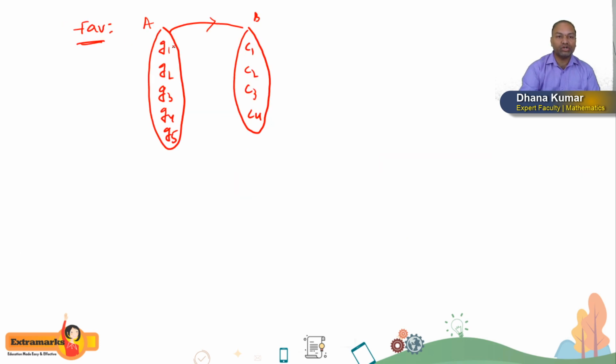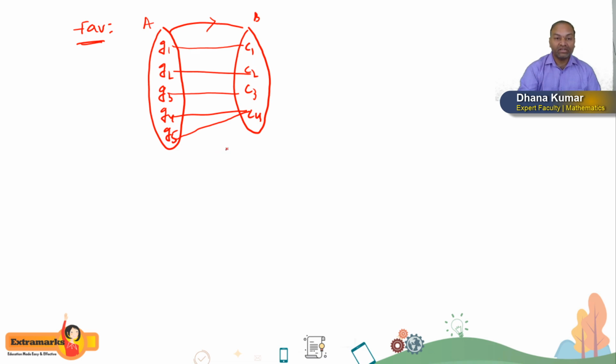So let us say first you map this one. Okay. Now here every child got one game. After that, the 5th game can be given to either C1 or C2 or C3. Suppose G5 is put to C4. Okay. According to functions, now which function is this? Can you guess it? Which function? One-one is not possible. Onto is possible, right? Because the codomain set has 4 elements, the range also has 4 elements.